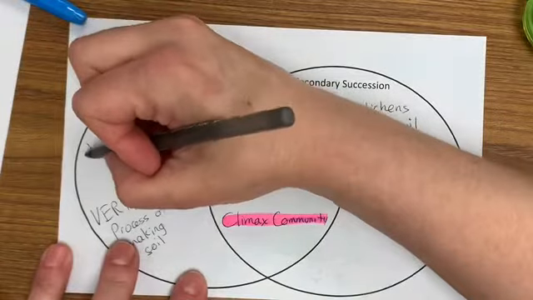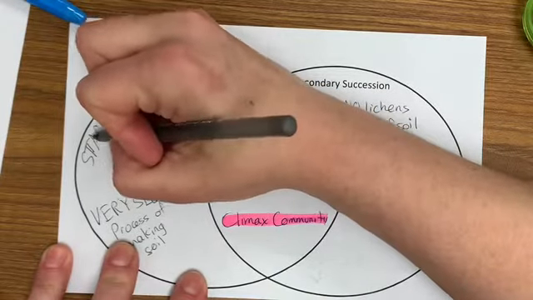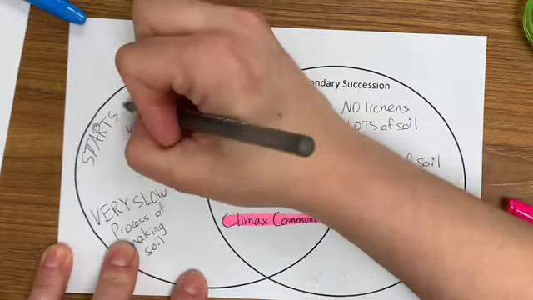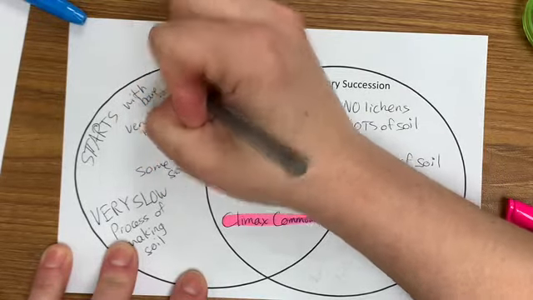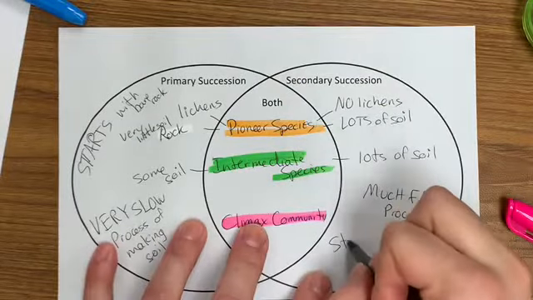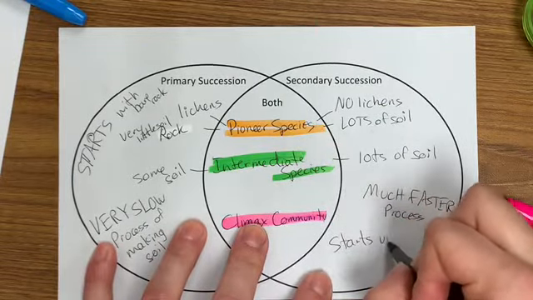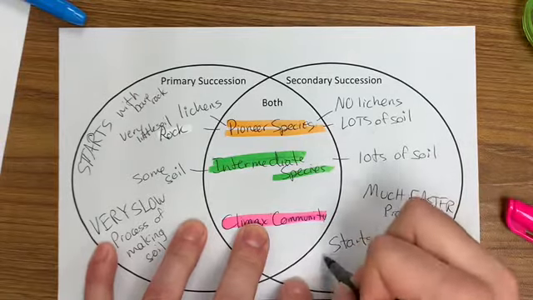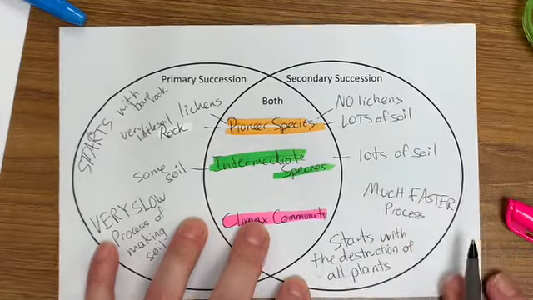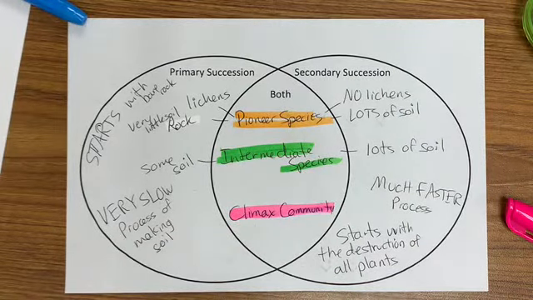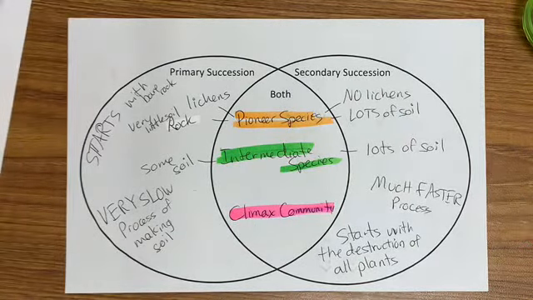This one starts with bare rock, whereas secondary succession starts with the destruction. All of the plants are gone, all the plants are dead, and now we have to start over, but there's soil there. And there's your differences.